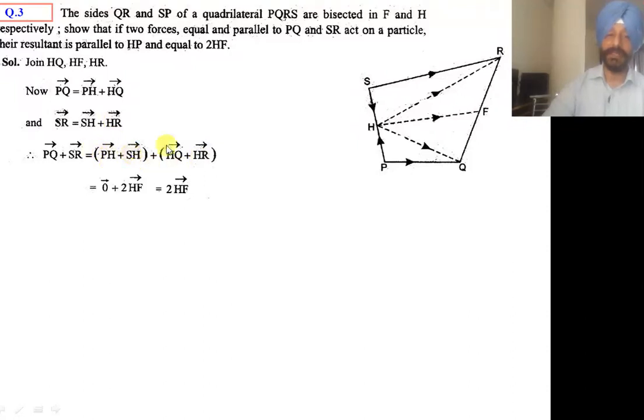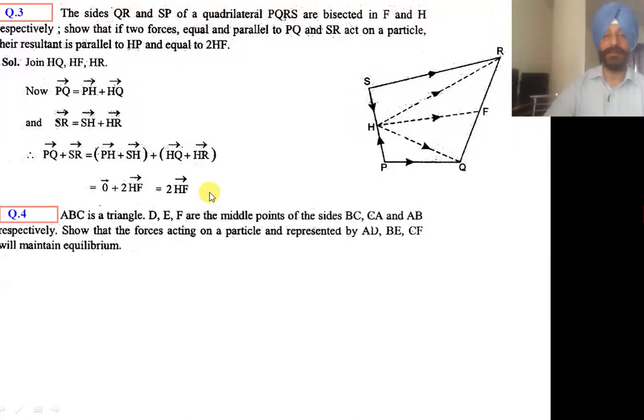So PH plus SH, because H is the midpoint and the forces are equal and opposite, this becomes 0, and HQ plus HR is equal to twice HF. This is also a result which we see in +2 level class. If F is the midpoint of QR, then HR plus HQ is twice HF. So this is our answer.